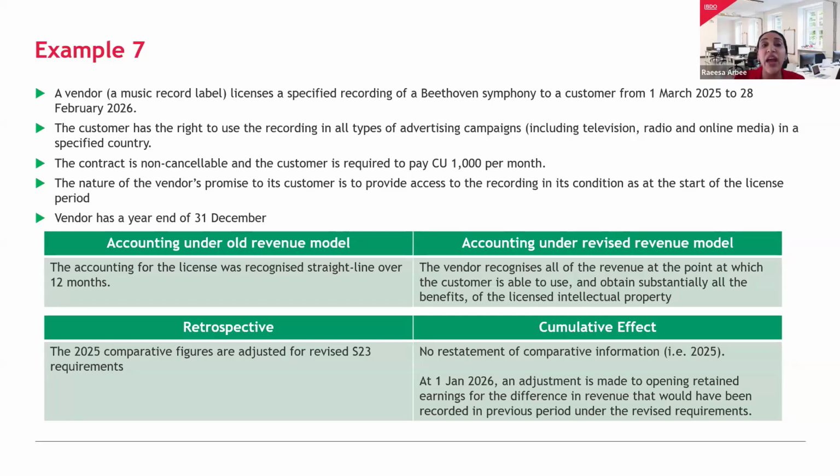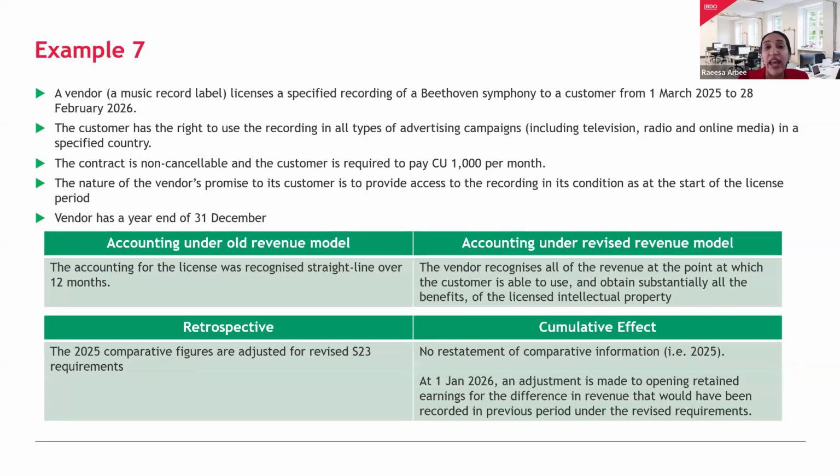So we have a vendor, which is a music record label that licenses a specific recording of a Beethoven symphony to a customer for a period of 12 months, from the 1st of March 2025 to the 28th of Feb 2026. The customer has the right to use the recording in all types of advertising campaigns in a specified country.